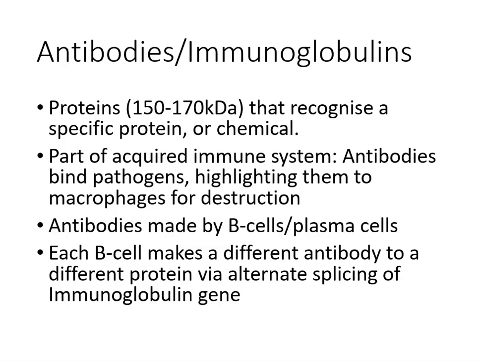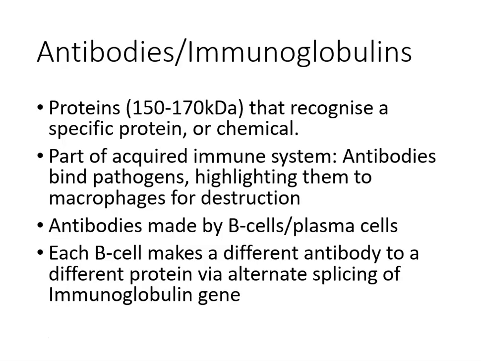But each individual B cell, or a B cell clone, will make a different antibody to all of the other B cell clones. So as a B cell develops, it is programmed to make one type of antibody, and it will continue to make that one type of antibody, and all of its progeny will make the same one type of antibody that will recognize one specific epitope. Now, this can occur, and we're going to go through the mechanisms of this, by alternate exon splicing of the immunoglobulin gene.